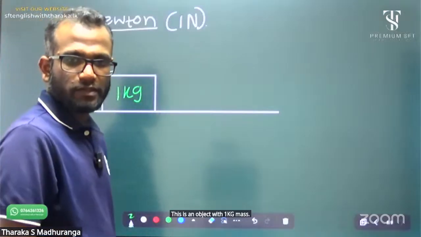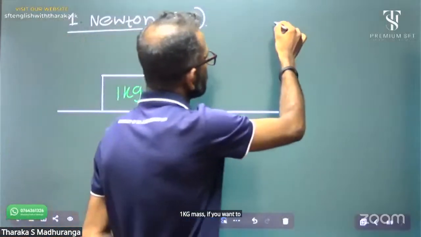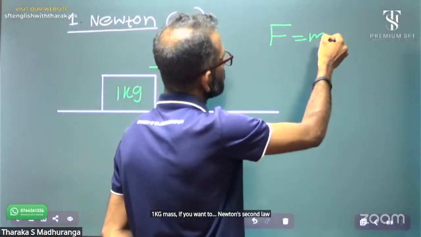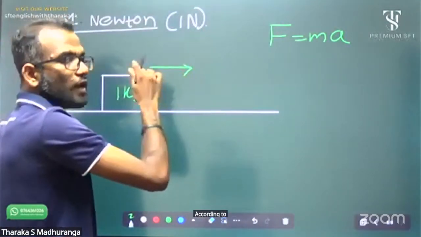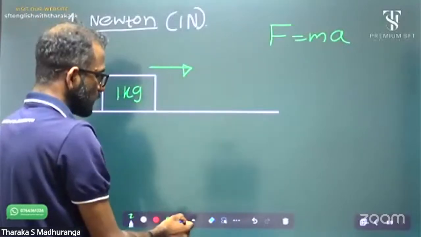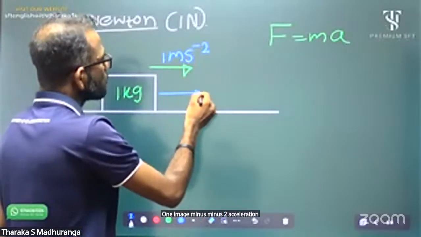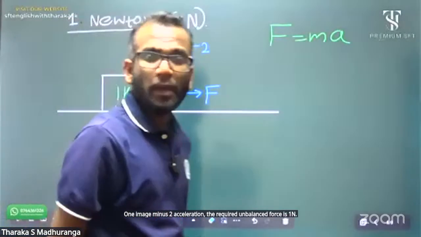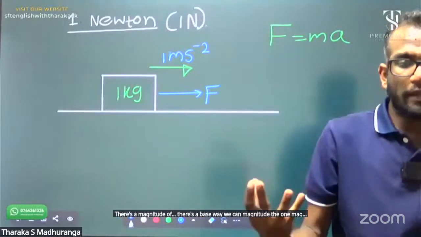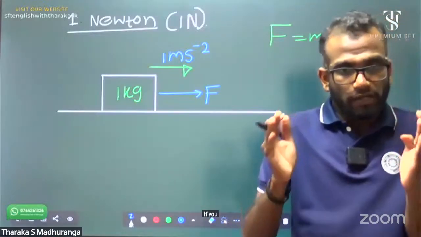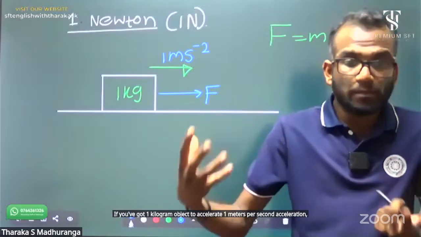According to this equation, if you want a 1 kilogram mass to accelerate at 1 meter per second squared, the required unbalanced force is 1 Newton. This is the best way we can describe the magnitude of 1 Newton.